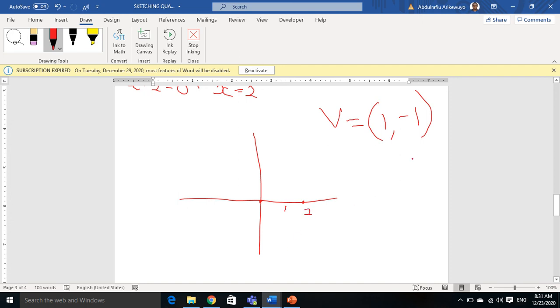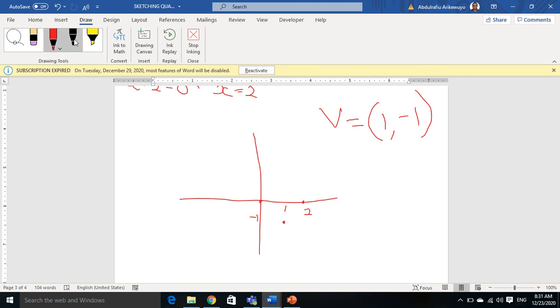And my vertex is 1 comma minus 1. This is 1 for x. This is minus 1 for y. I need to move a bit more. This is 1, this is minus 1. So somewhere here is the turning point for the vertex.